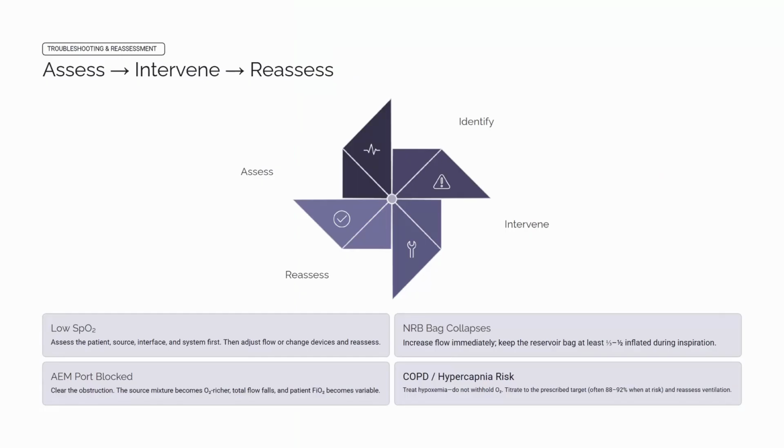Now, here's a habit I want you to build early. A falling SpO2 does not automatically mean turn up that oxygen. Let's walk through why. Say a patient is on a 40% air entrainment mask and you notice their SpO2 starts to drop. Before you touch that flow meter, there are two things you check: the patient and the equipment.